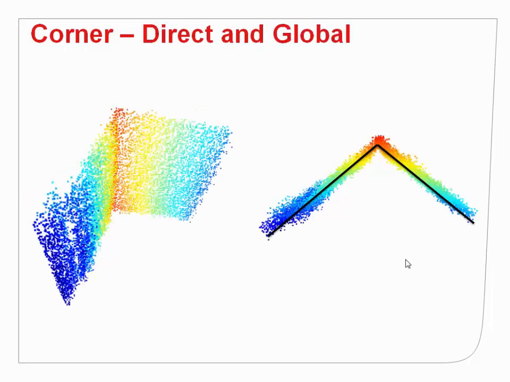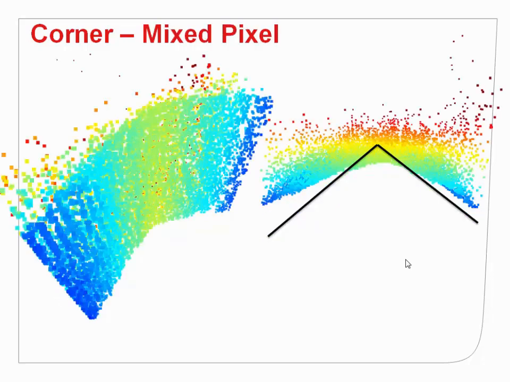When we apply direct and global separation, because the forward model is correct, we actually recover the corner properly. So this manages to resolve the multipath that is present in a corner. However, when we apply the same technique for the mixed pixel, the noise explodes due to the method being very sensitive to noise, and it just can't find the different returns.